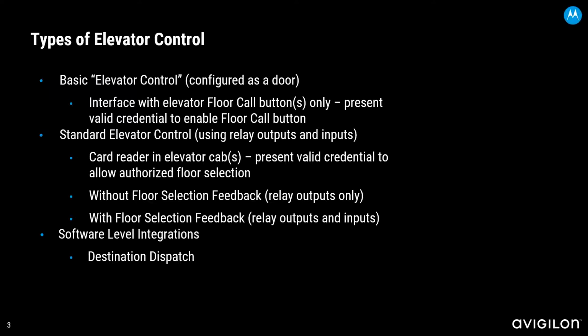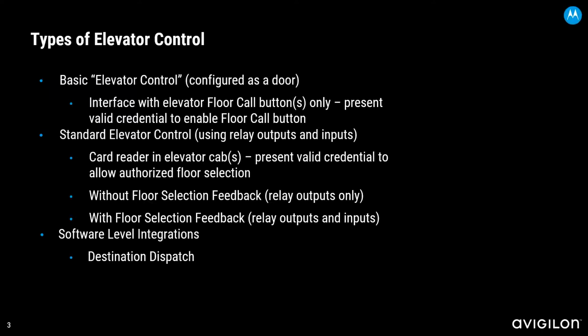We sometimes see this in conjunction with standard elevator control that I'll talk about in a second. But another place you might use this basic elevator control is maybe a 2-level facility. Public has access to floor 1, floor 2 is restricted. You could just merely interrupt the call button.